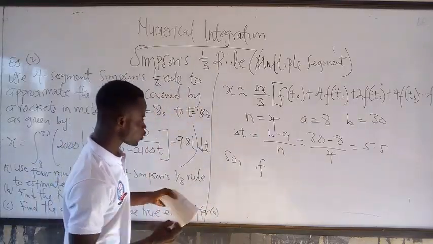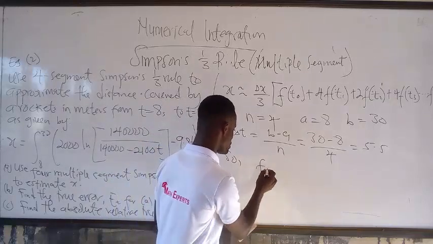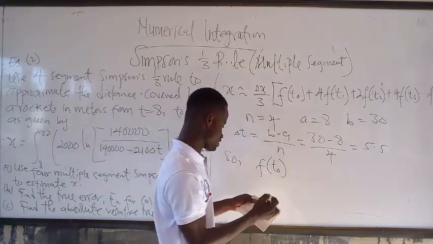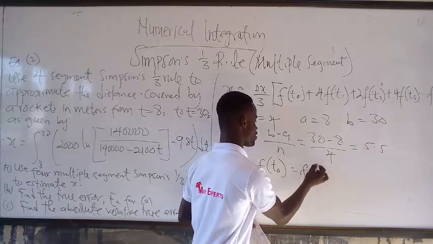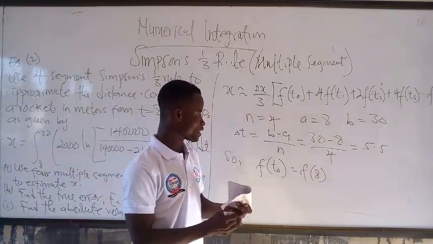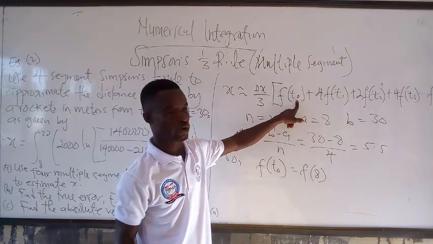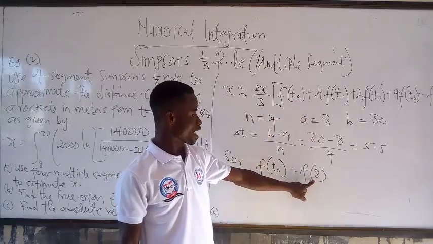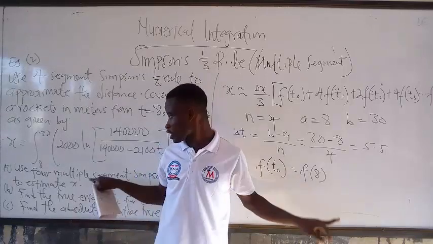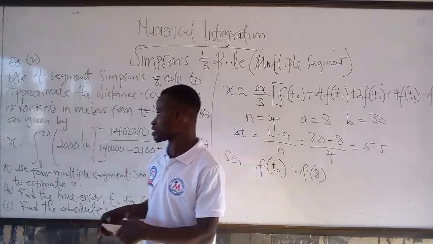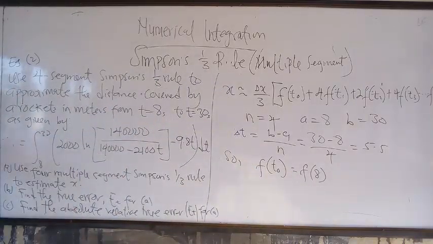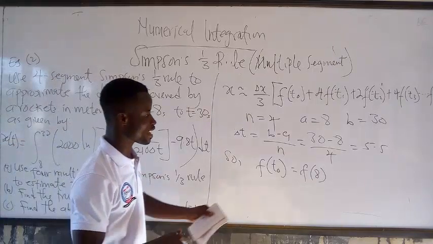So let's go. Now, we know f of t naught, that is the initial, to be f of 8. What this means is that this is the value that we are looking for. In the function s of t, where you see t, put 8.